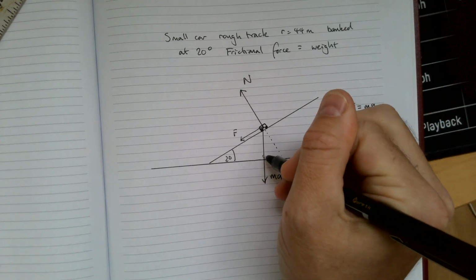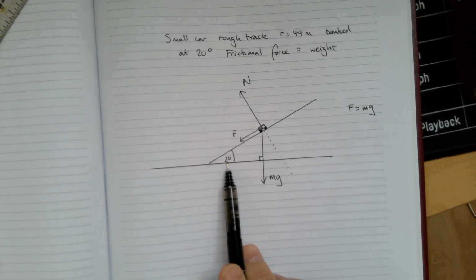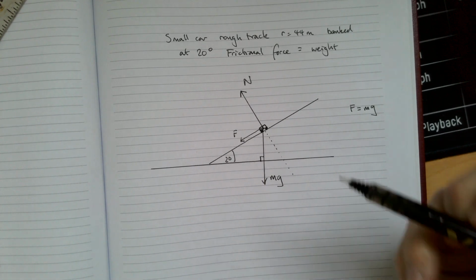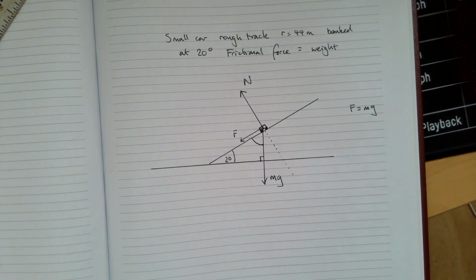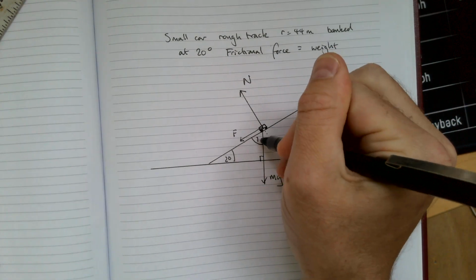Now, it's a right angled triangle. So I'm looking at this triangle now, right angle triangle, 20 degrees, 90 degrees, that gives me 110. So this angle in here must be 180 take away 110, because it's got to add up. So 20 plus 90 plus this has got to be 180 in total, so that's got to be 70 degrees.